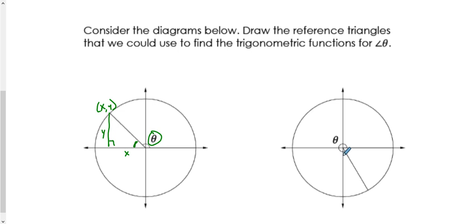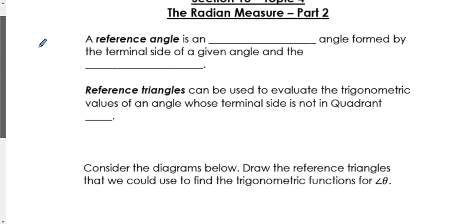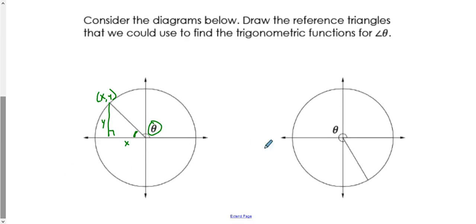The same thing over here. Now, you have to be a little bit careful, though. If you look up here, remember it says this reference angle is an angle formed by the terminal side of the given angle and the x-axis. So you do have to be extremely careful because this will give you some false answers. I understand how a lot of students might do something like this, all right?